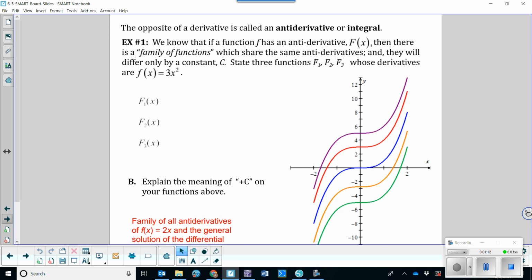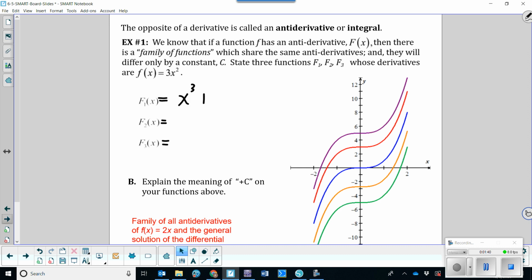So, for example, if we have the function f of x equals 3x squared, we're going to list three functions where, when you take the derivative, you get that 3x squared. So clearly x cubed has to be part of it, because if you take the derivative of x cubed, you'll get 3x squared.